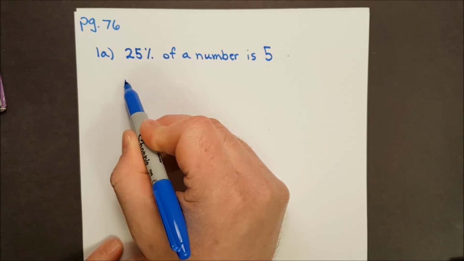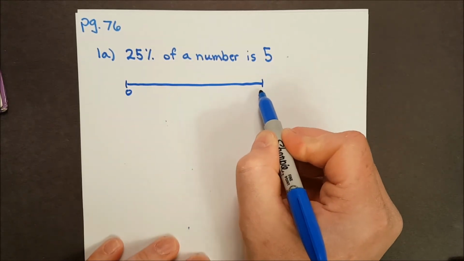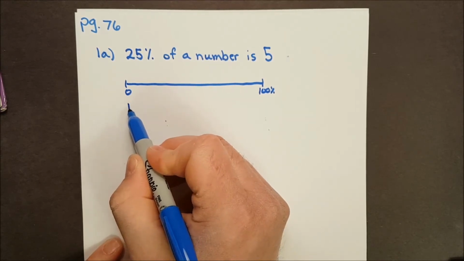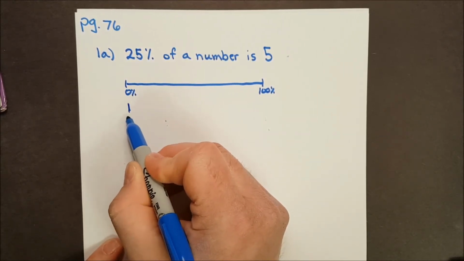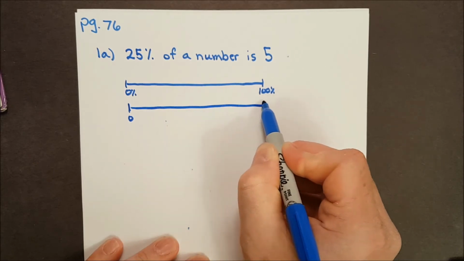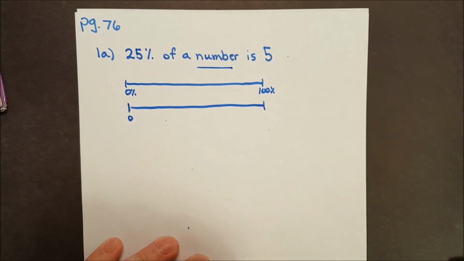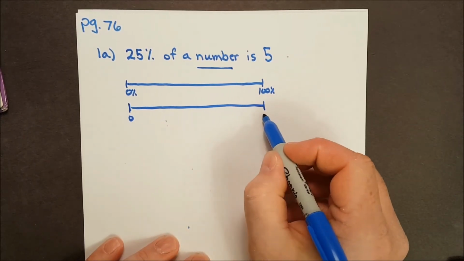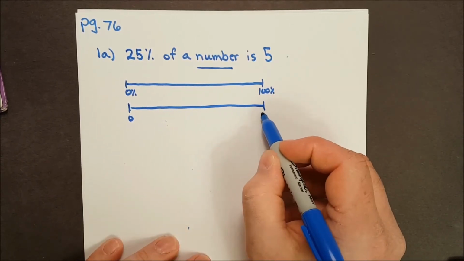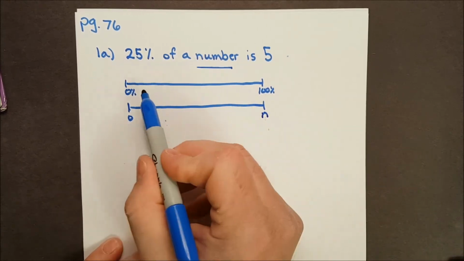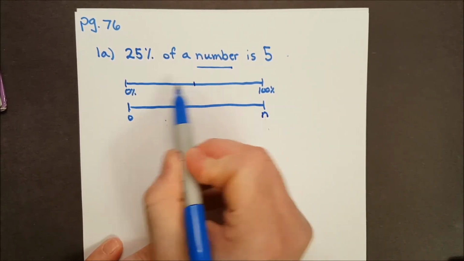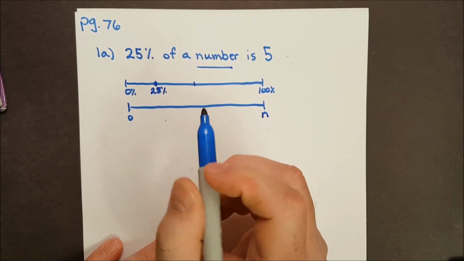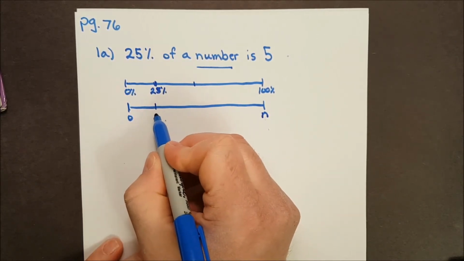So we have 0% all the way to 100%. And here we have 0 all the way to some number. 25% of a number is 5. So we don't know what 100% is, so we'll label that as n, but we do know that 25% of a number is 5.